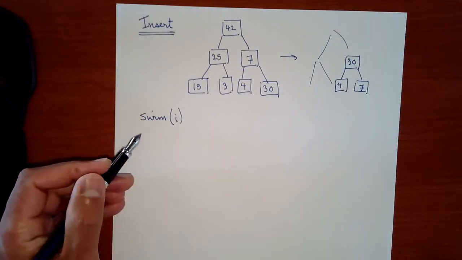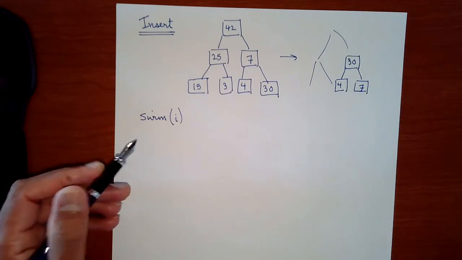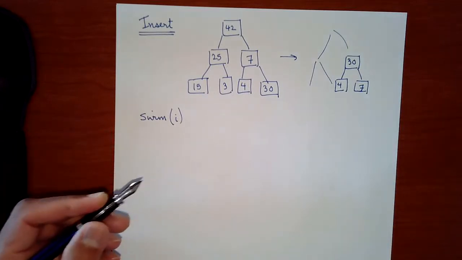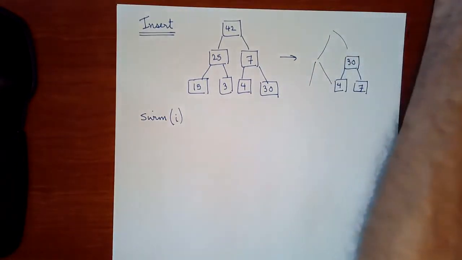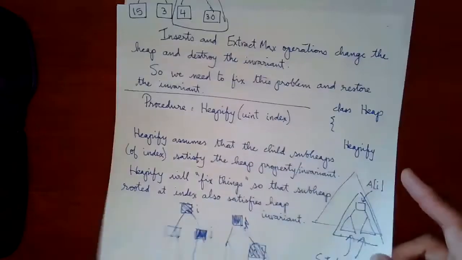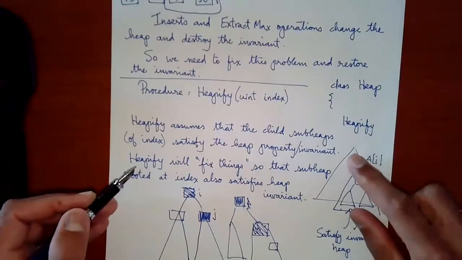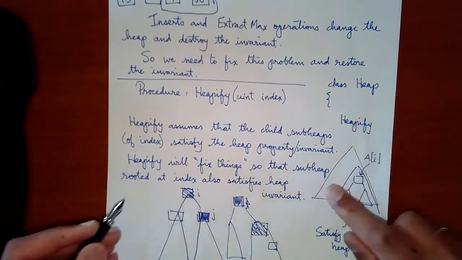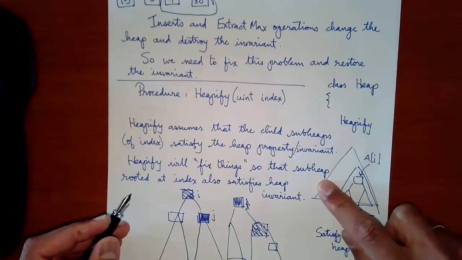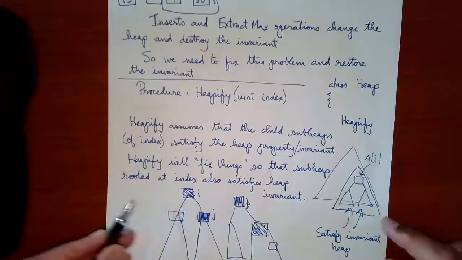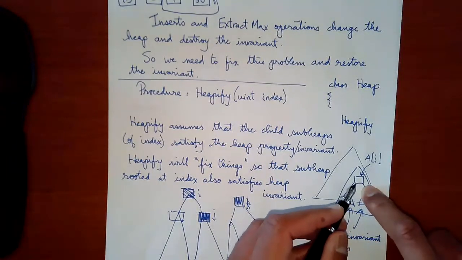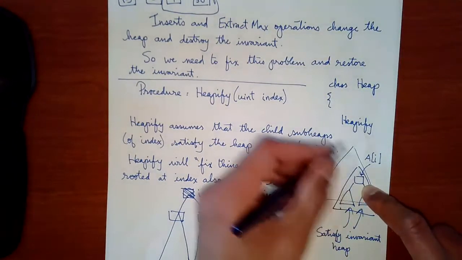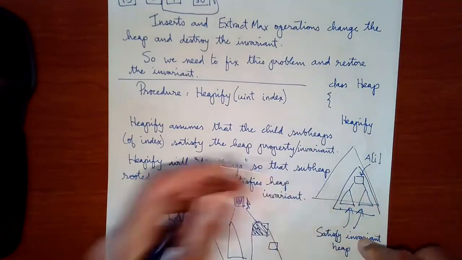One way to think about swim is that Heapify had this assumption that the children satisfy the heap invariant, and Heapify will fix things so that the subheap also satisfies it. So you have localized the problem to a particular node. You're ignoring everything above it, and only looking at the things below it.